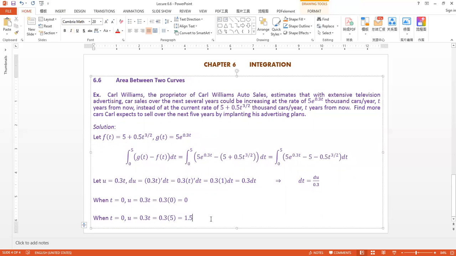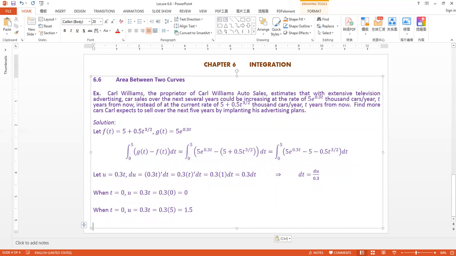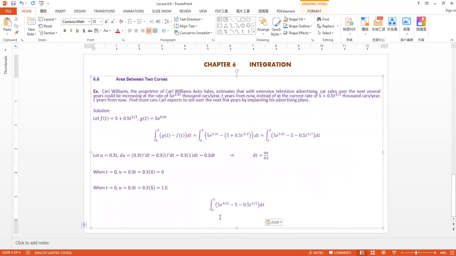These are the new upper and lower limits of integration for u. Okay, so now we are ready to do the first integral in the original problem using the substitution method. Let's just break up this integral into three.